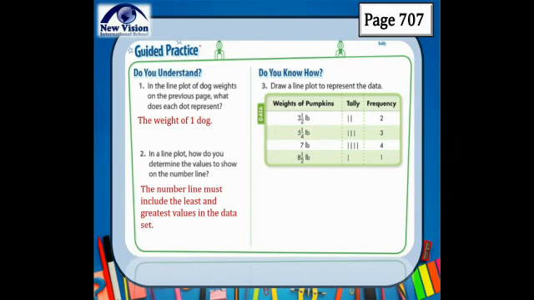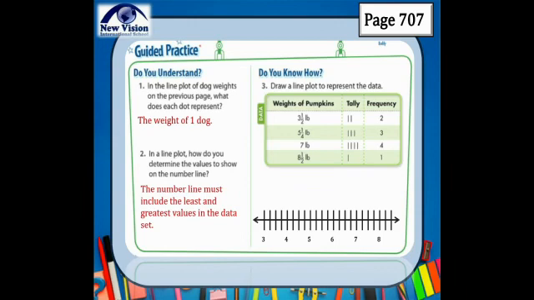So again, in drawing the line plot, first, draw a number line. And then, let's have our intervals: 3, 4, 5, 6, 7, 8. And then, let's represent our data.